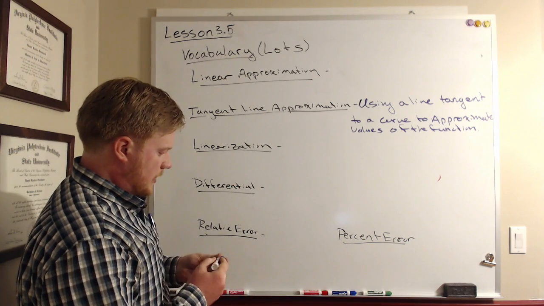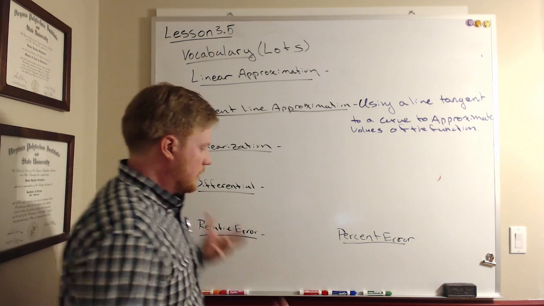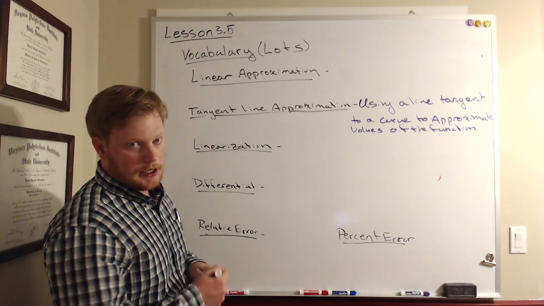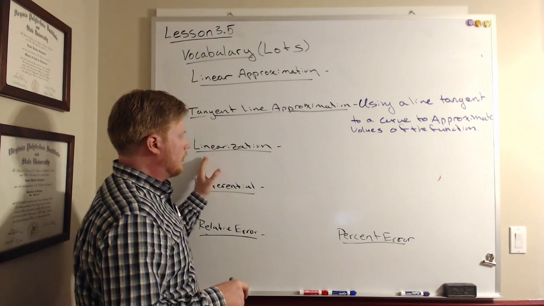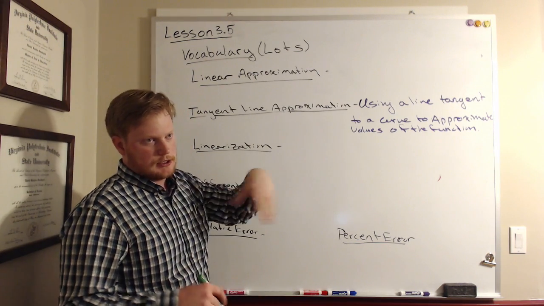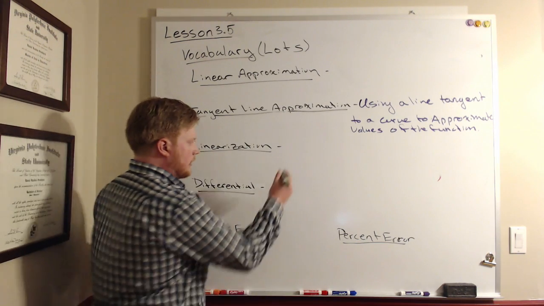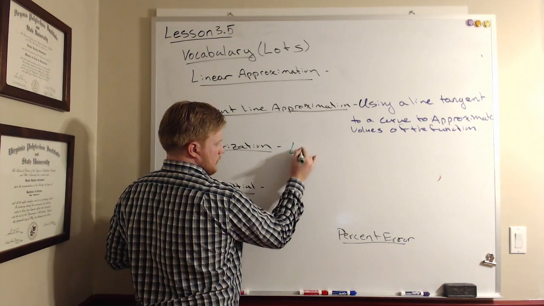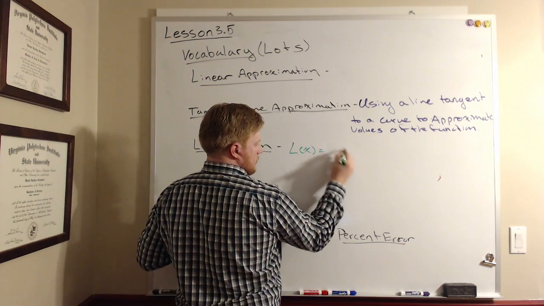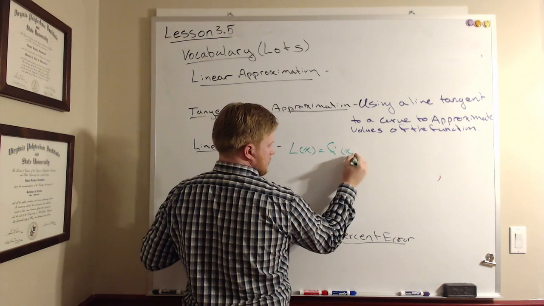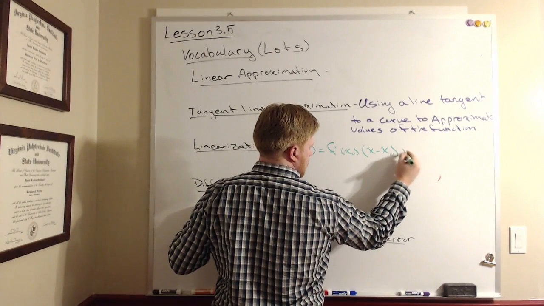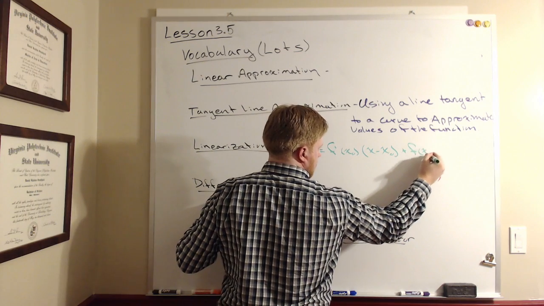Linearization is sort of the process of finding a tangent line approximation. And typically when we say the local linearization of a function, it is represented as L of x, where L of x is equal to f prime of x naught times x minus x naught plus f of x naught.